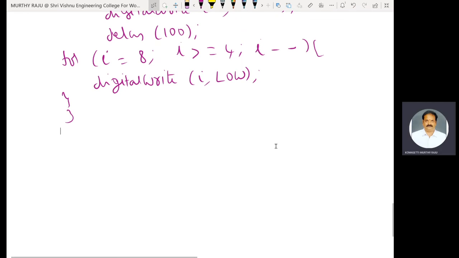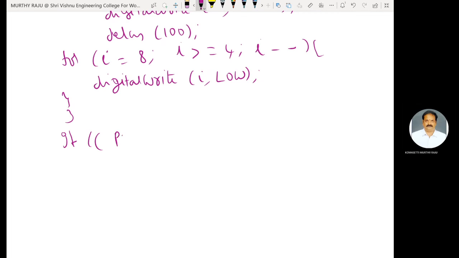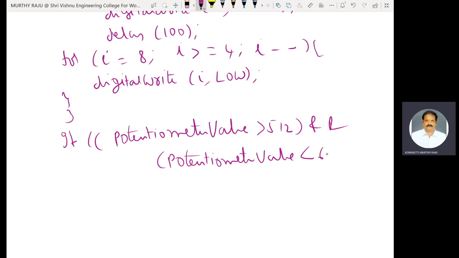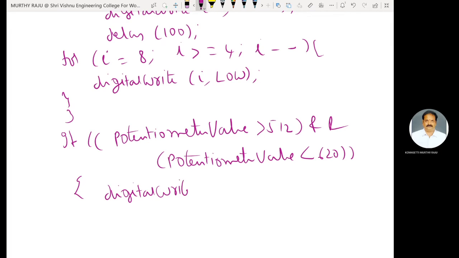Next one, up to 512 completed, 5 LEDs are on. Step by step, the bar graph is up to 5. Next, if potentiometer value greater than 512 and potentiometer value less than 620, digital write, the eighth pin is high, delay 100 milliseconds.